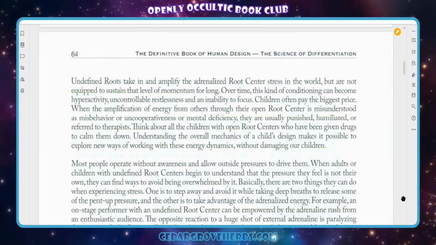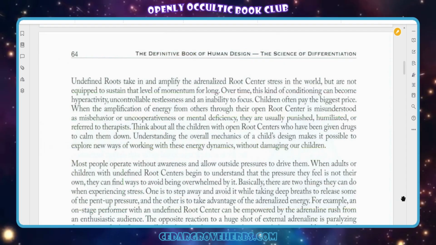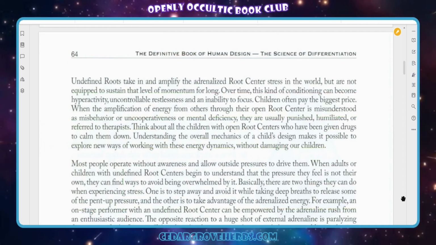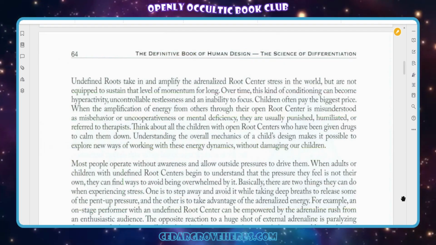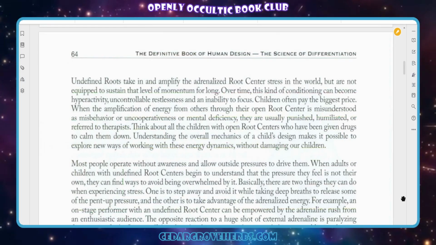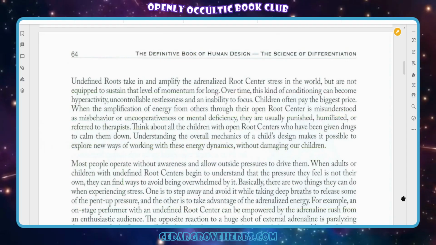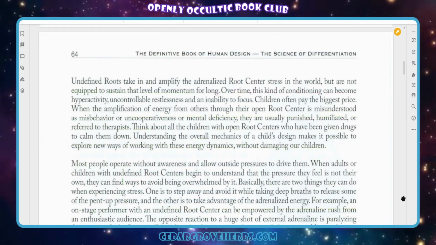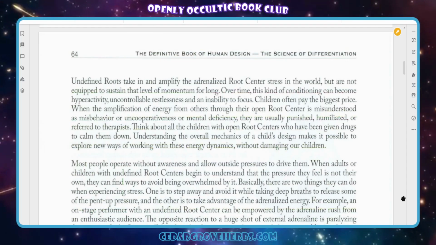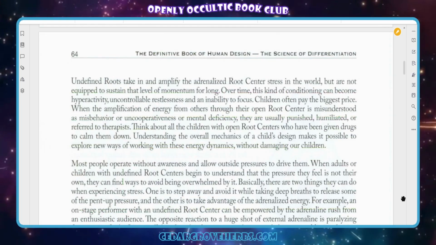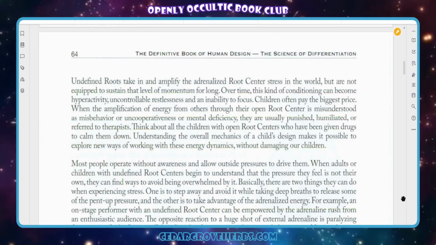When the amplification of energy from others through their open root center is misunderstood as misbehavior or uncooperativeness or mental deficiency, they're usually punished, humiliated, or referred to therapists. Think about all the children with open root centers who have been given drugs to calm them down.